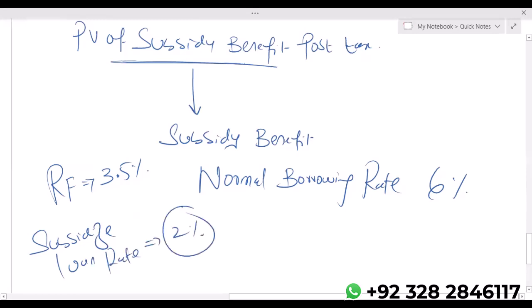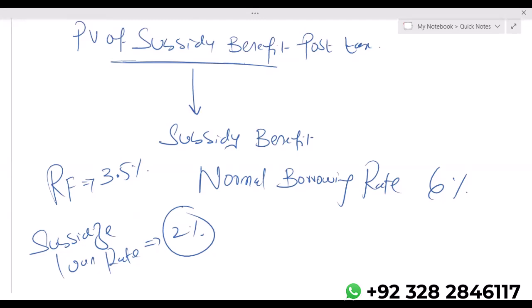Please, student, reply. If the examiner says the subsidized loan will be 1.5% lower than the risk-free rate, can I say then the subsidized loan rate is 2%? Is this clear to everyone? Let me repeat. If your examiner says the subsidized loan rate is 1.5% lower than the risk-free rate, and right now the risk-free rate is 3.5%, then can I say the subsidized loan rate is 2%?